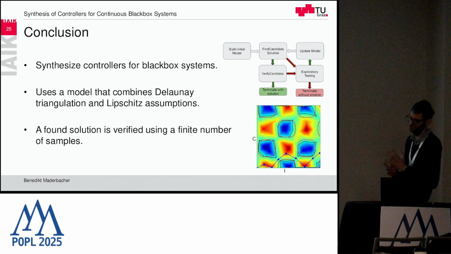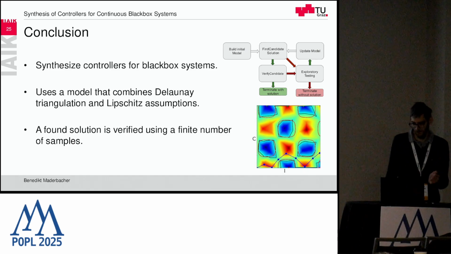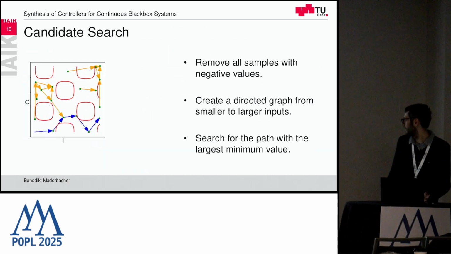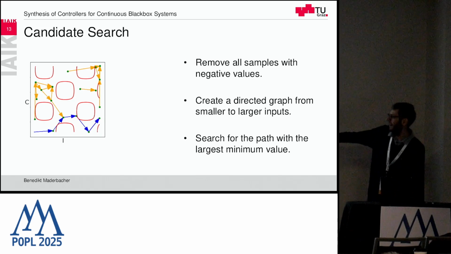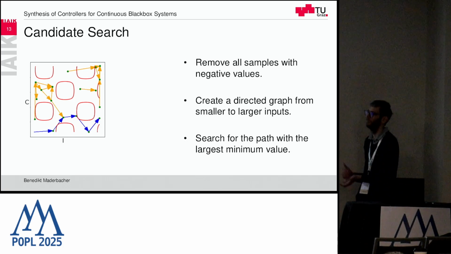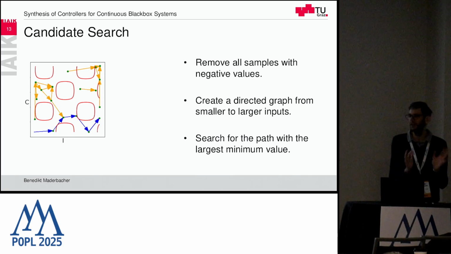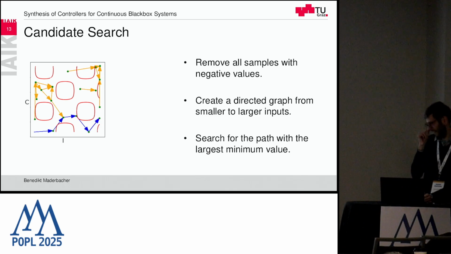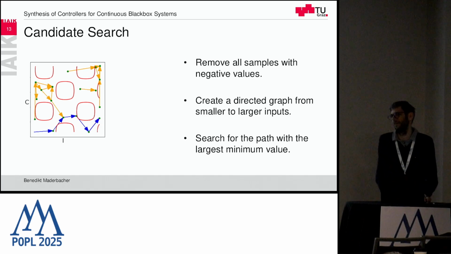Yes, this is actually what we are to some extent doing, because here we're searching for the candidate that has this largest minimum value, which roughly corresponds also to the path which is the most robust to changing Lipschitz constants.